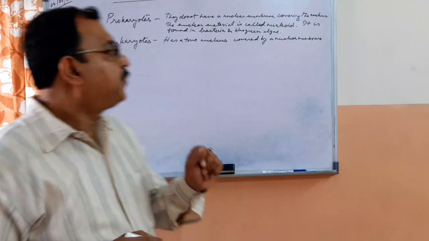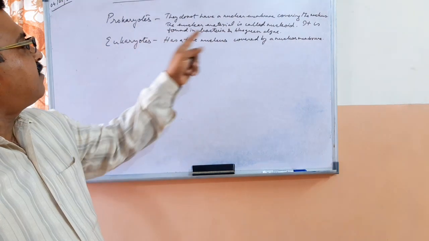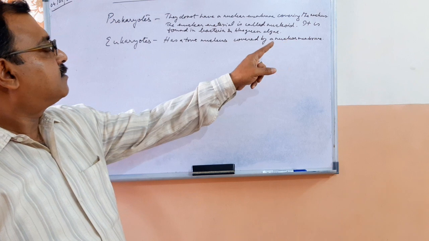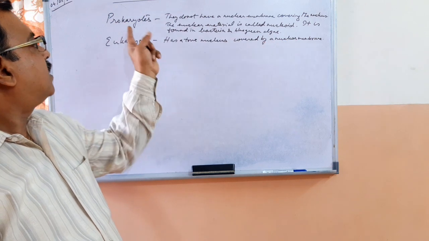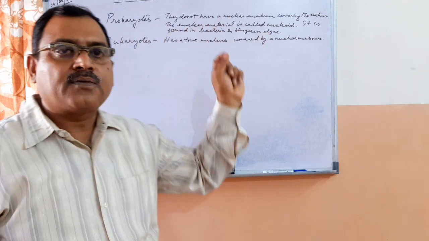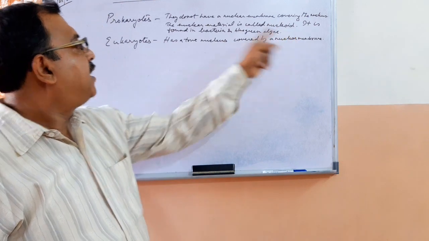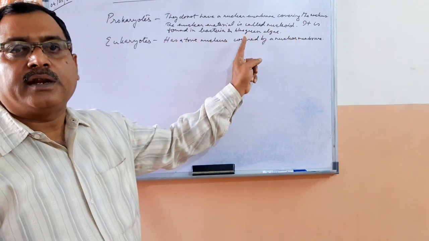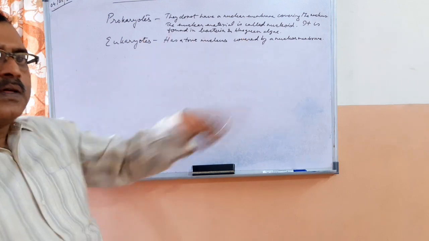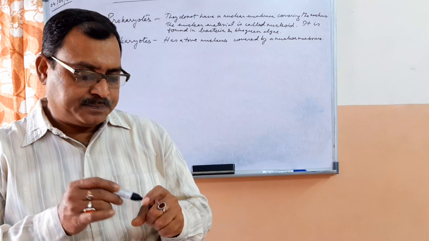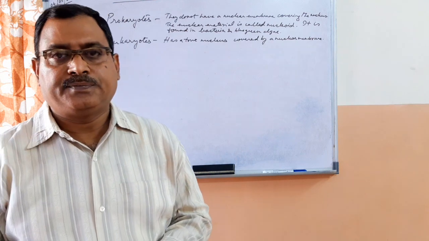Clear, children? So those organisms which do not have a nuclear membrane covering the nucleus are called prokaryotes, and such a nuclear material is called nucleoid, and it is found in bacteria and blue-green algae. All other organisms except these two come under eukaryotes.